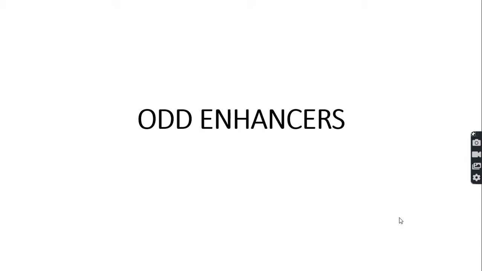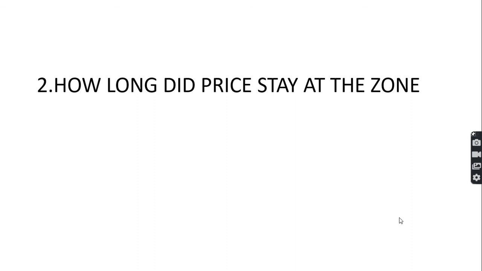So remember, we talked about the move away from the zone, the freshness of the zone, the risk to reward ratio being 1 to 3 and above, overlapping demand or supply, and how long price stays at that level. Please, I hope that is very clear. This one you cannot compromise on.